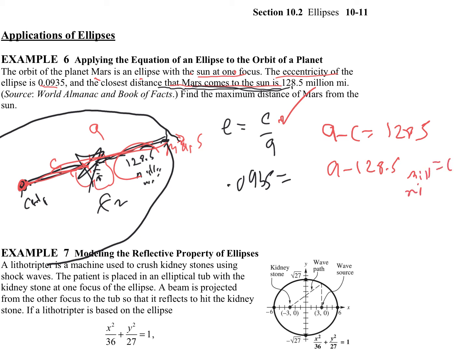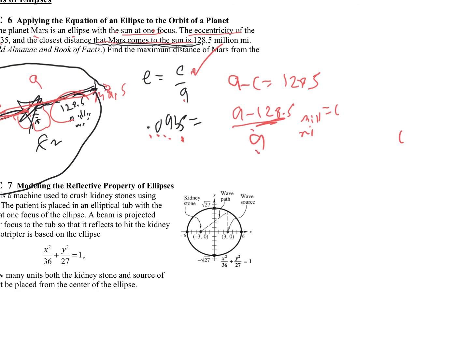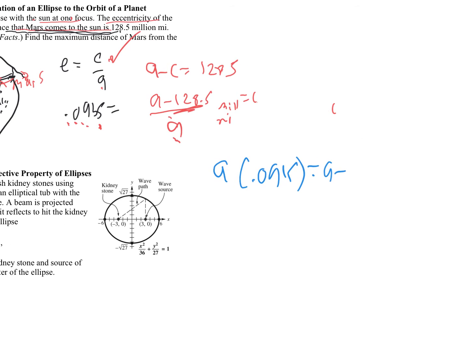So if this is all equal to C over A, it must be 0.0915, the eccentricity. I can solve that for A. Multiply both sides by A: 0.0915 times A equals A minus 128.5 million miles.